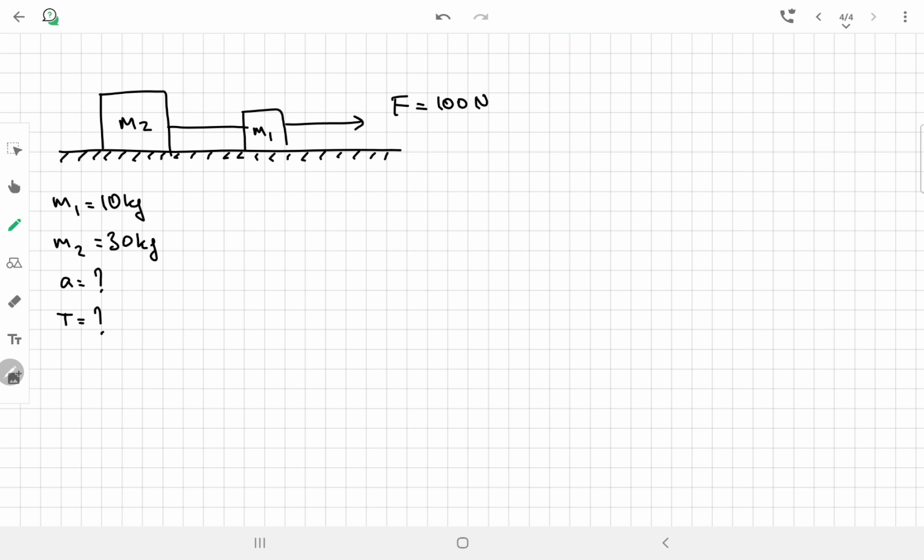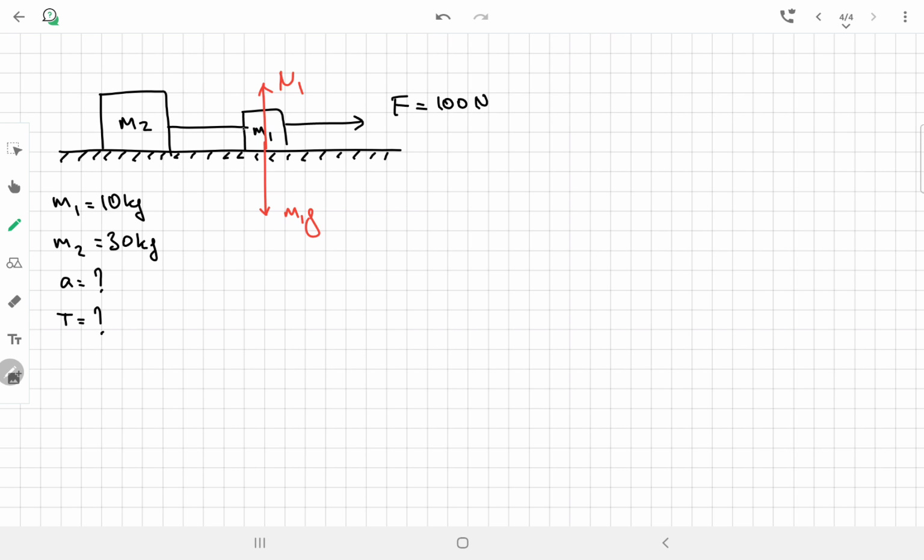So let's start with the first object. How many forces are acting on this object? M1. Weight M1g downward. Reaction force, normal force upward. Let's call it N1 because we have a second object. There is a force to the right, 100 newtons, and the rope is trying to stop this motion.